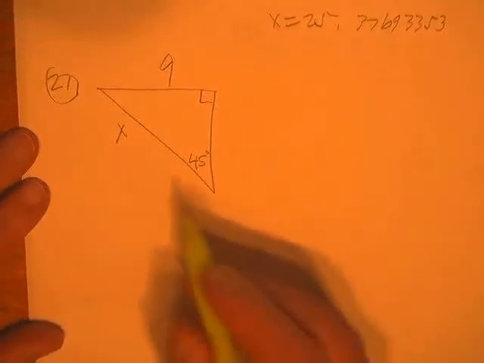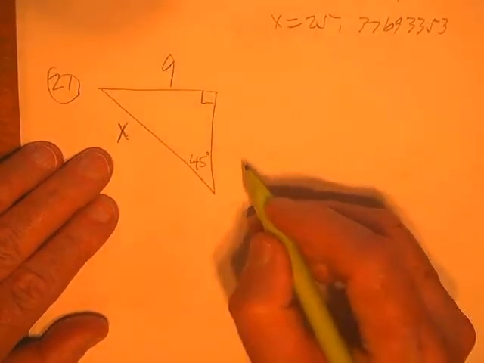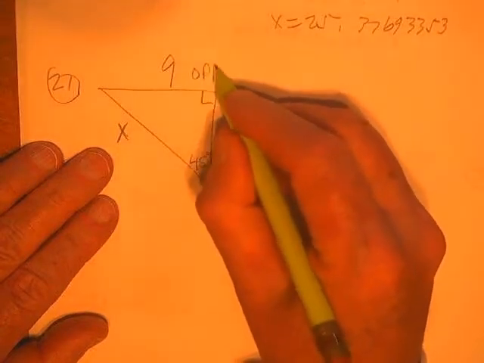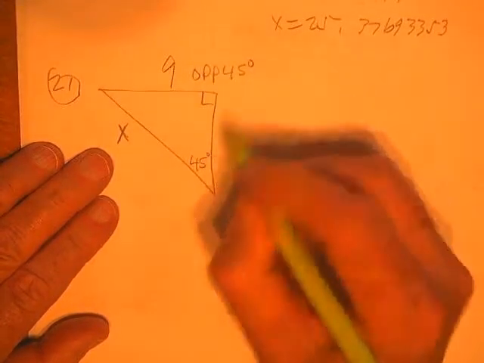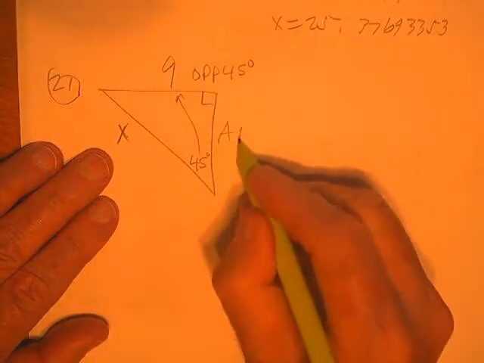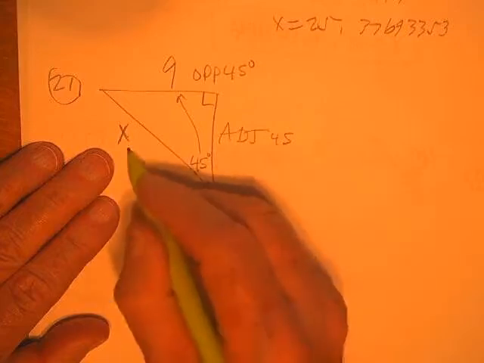Okay? And I had to take a little break there to help the guys hauling my old fence away that's out there by the curb. So here we've got, this side appears to be opposite 45 degrees. I mean, look at it. It's as far away as you can get. This side over here is the adjacent. We're not going to need it on this problem.